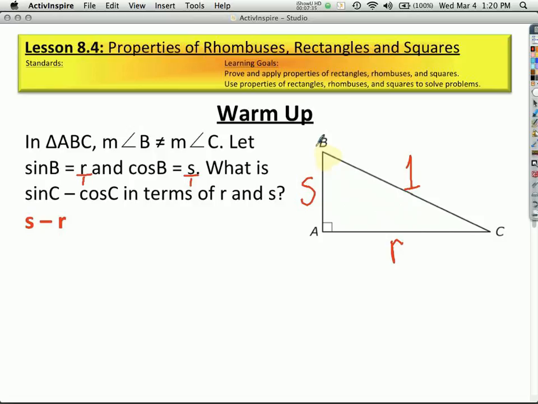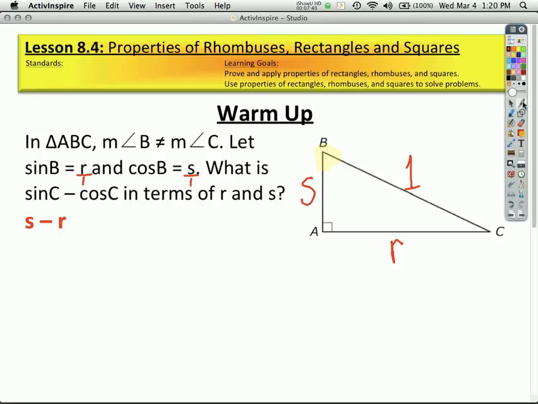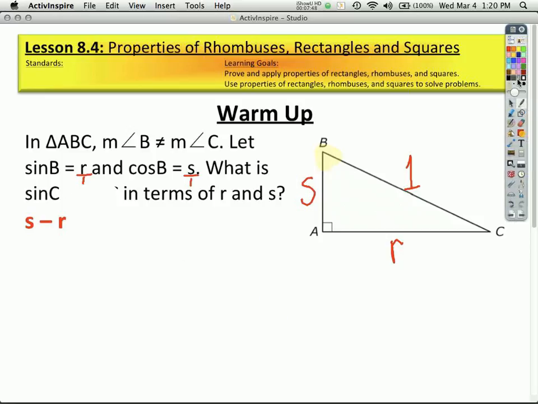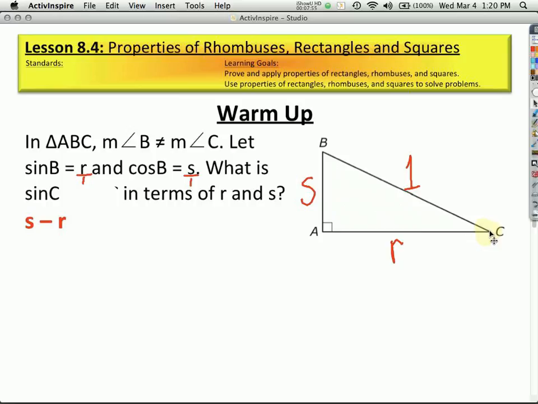Because now I ask you for the sine of C. If I had just asked you for the sine of C, if I didn't even include this, at this point you should have no issue. Sine of C. I apologize. So now our perspective has changed. We're over here.